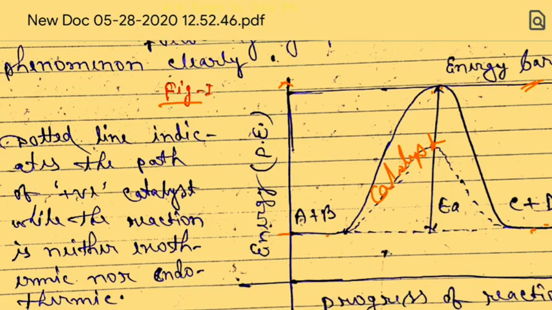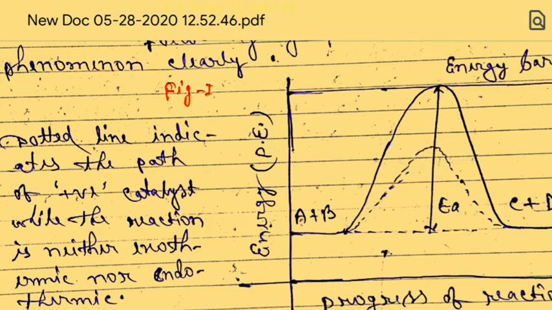Means if, suppose, initially 10 gram products are formed without catalyst, then after adding catalyst again we get 10 gram product. So catalyst only affects the path of the reaction, means it increases the rate of reaction but does not affect the amount of product. Is it clear? So rate of reaction is increased here due to positive catalyst.